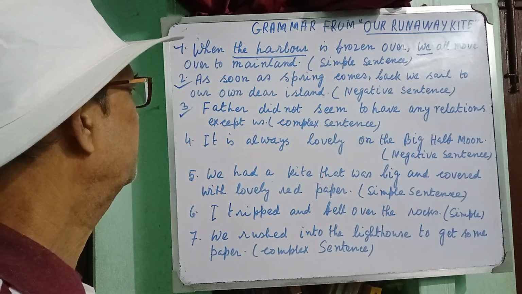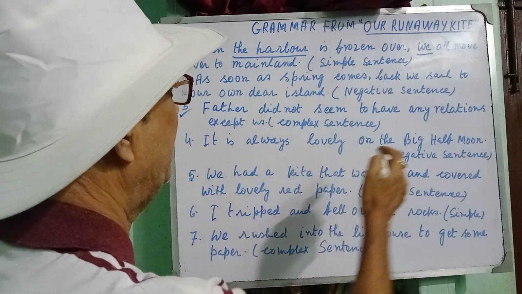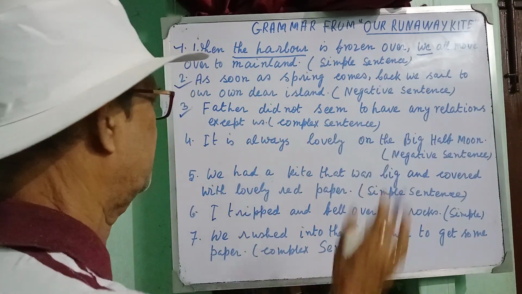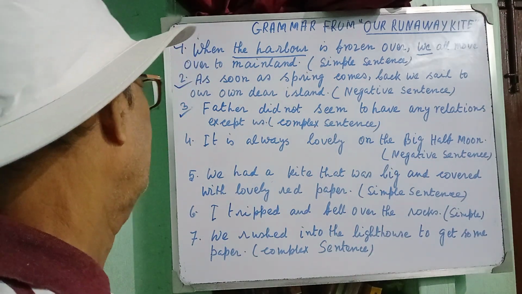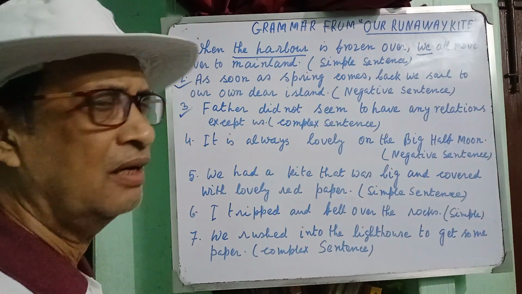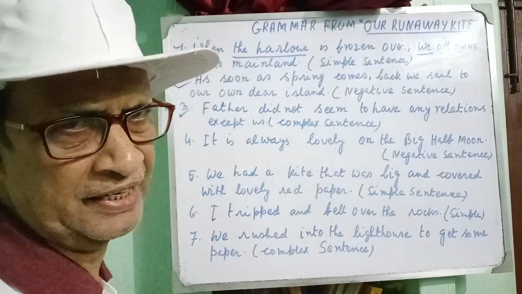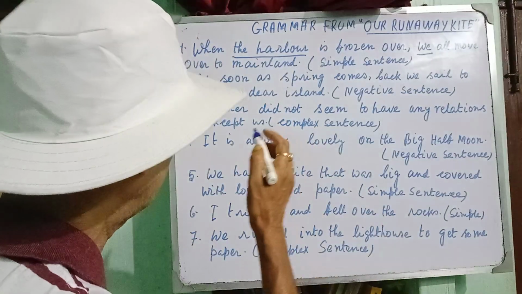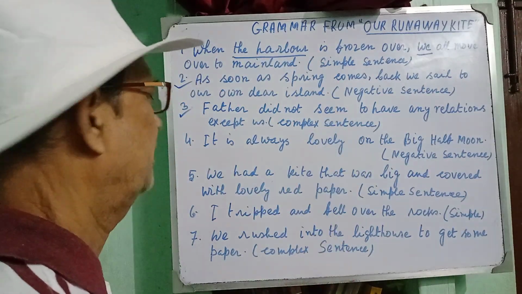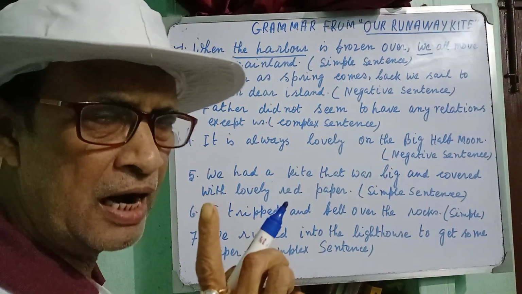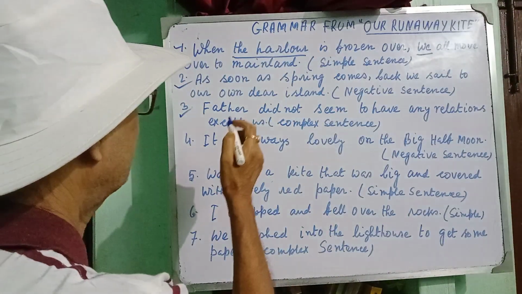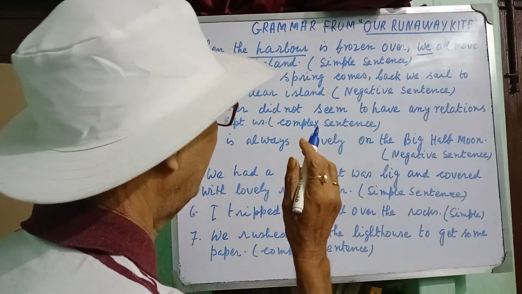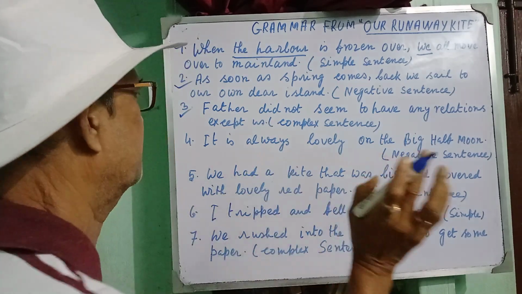Father didn't seem to have any relations except us. Turn into a complex sentence. So, you will have to use complex sentence. It seemed that, remember and follow me, it seemed that father did not have any relations except us.